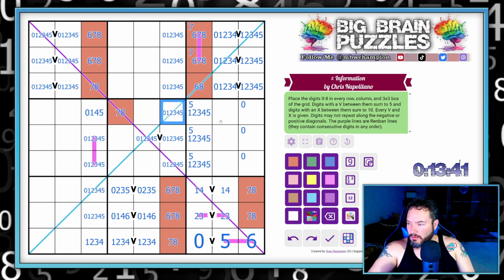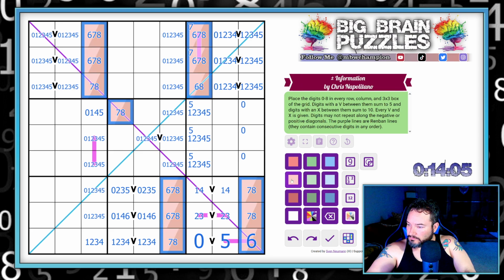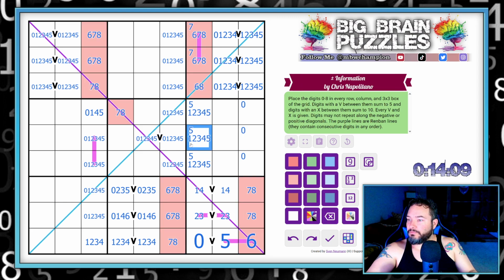But basically, there's going to have to be 3 of these in a row, column, grid, or diagonal, right? So here's that one right here. I feel like it's really dark. Let me see if I can pick another color. There we go. All right, so these are the high ones, right?